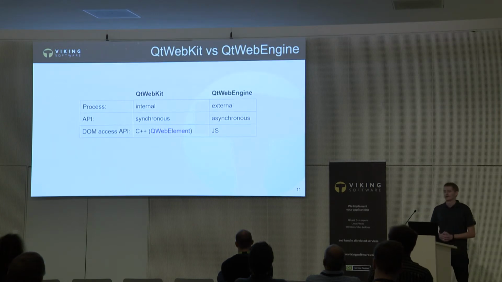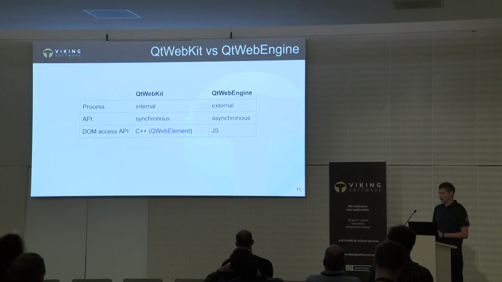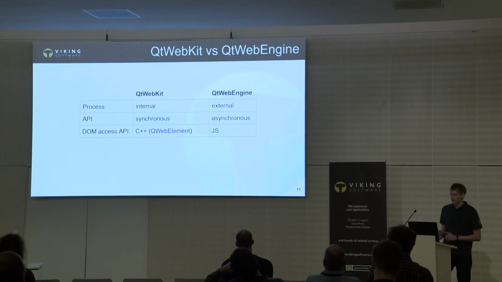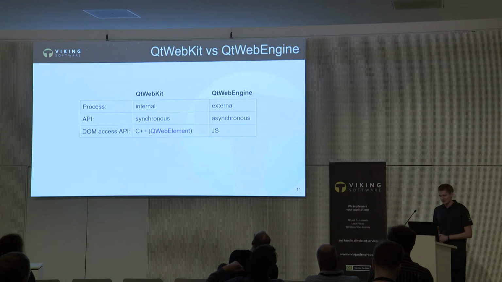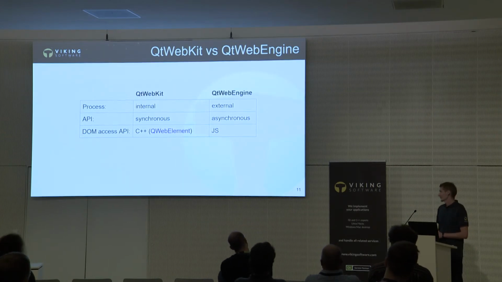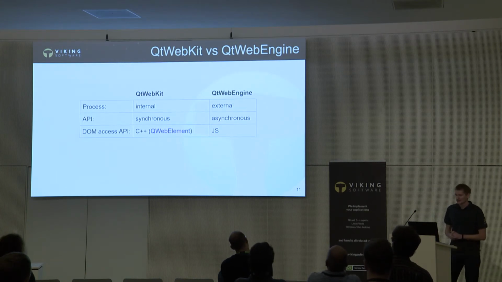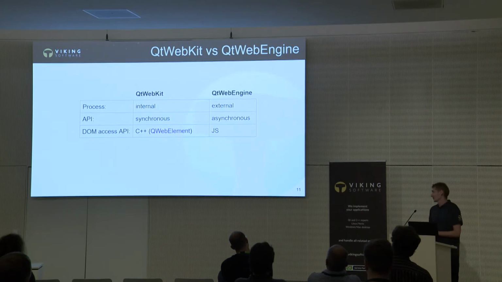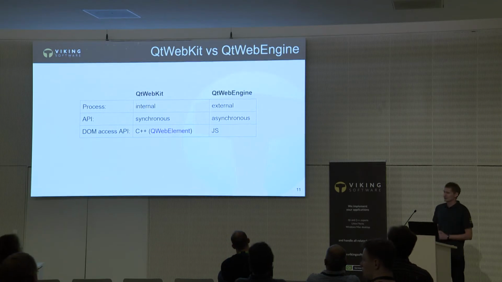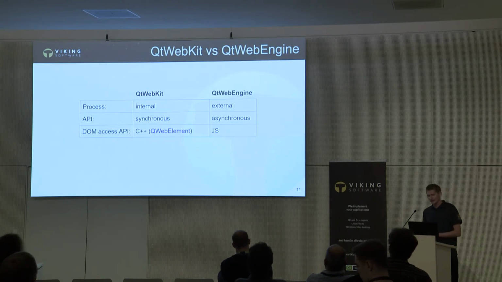The next difference is about how we can access the document object model of downloaded documents. Because WebKit is single process and synchronous, it does provide special classes, which are like regular tree nodes. QWebElement has ways to iterate through its siblings and children, and to get its parents.